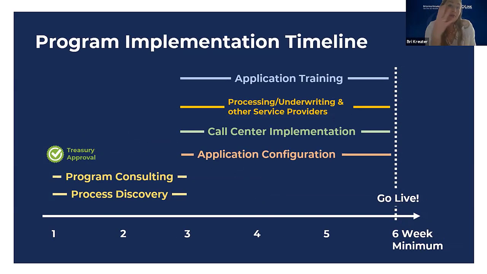What we do in the pilot starts to inform and trickle into what we have to do for the overall program implementation, which is about a 6-week start to finish, from the kickoff on the project to our go-live date for the program. We're looking at about a 6-week time frame without any sort of customization.